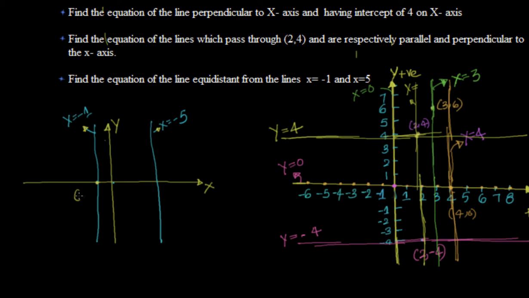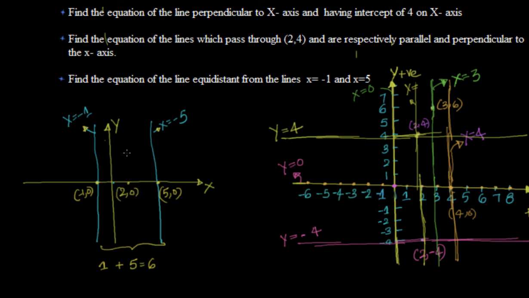So we know this coordinate is (minus 1, 0), and this coordinate is (5, 0). Now what is the distance between these two? Minus 1 to 0 is 1, plus 0 to 5 is 5, that's equal to 6. Now the line which is equidistant will be the midpoint of this, that is 5 minus 1 by 2, that is (2, 0).